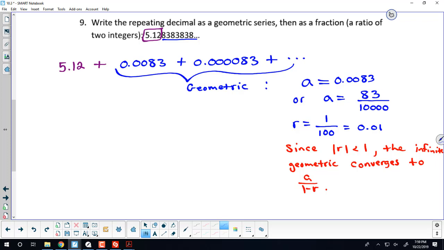So what we have is our 5.12 plus the sum of that geometric series that converges, which is A over 1 minus R.